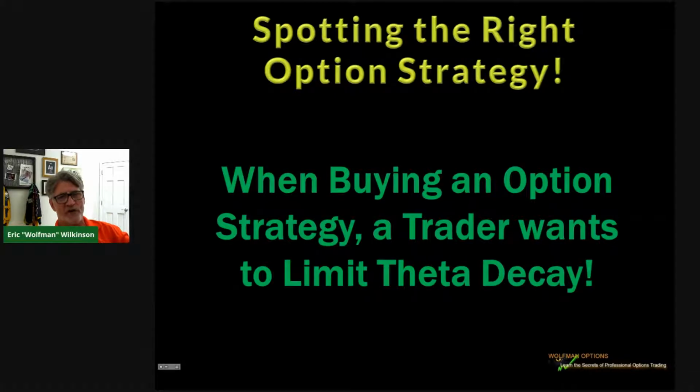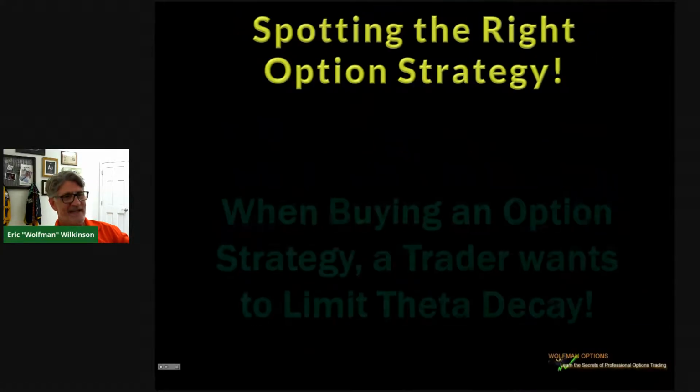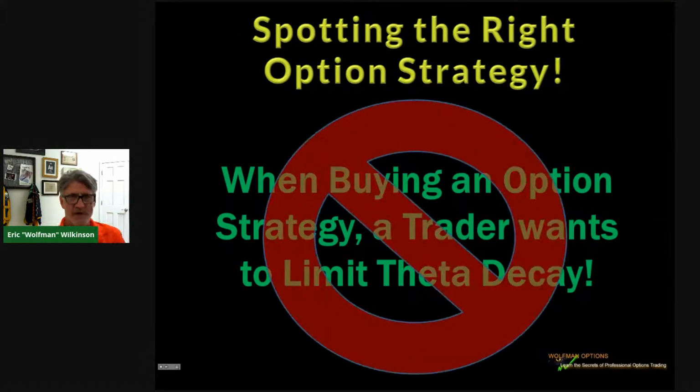And when they're expensive, we want to be selling those, right? Not necessarily the case with this one, because we are in high volatility. We want to exploit theta decay, not limit it, all right? When you're buying options, you want to limit that theta decay. When we are selling options, we want to exploit that theta decay.